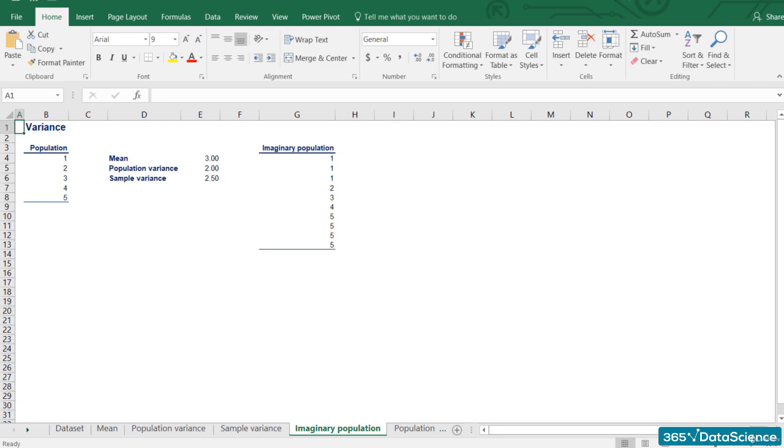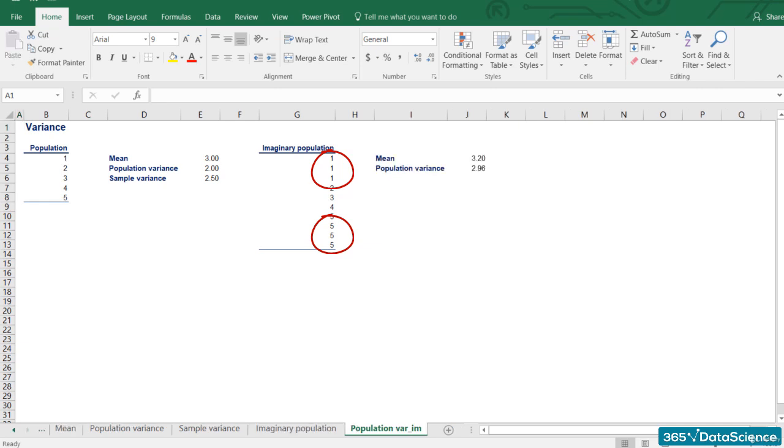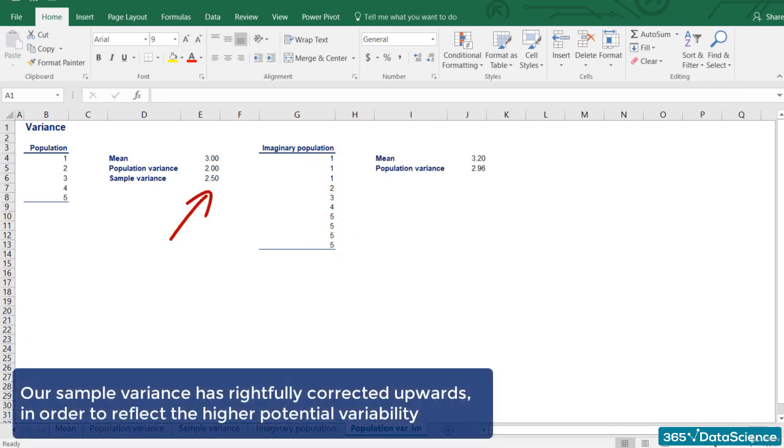Clearly, the numbers are the same, but there is a concentration around the two extremes of the dataset, 1 and 5. The variance of this population is 2.96. So, our sample variance has rightfully corrected upwards in order to reflect the higher potential variability.